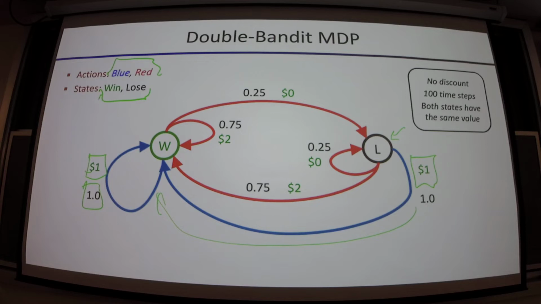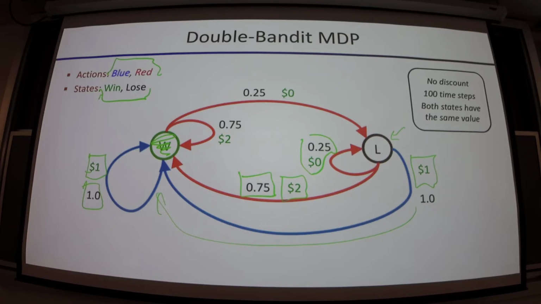Regardless of where you started, win or lose, you pull the red lever: with probability 0.75, you get $2, and if you weren't already there, you transition into winning, right? But with probability 0.25, you get nothing, and you end up in the lost state, whether or not you were already there. Either way, you end up in the lost state, right? Okay, does this make sense? Very simple MDP. We know the probabilities.